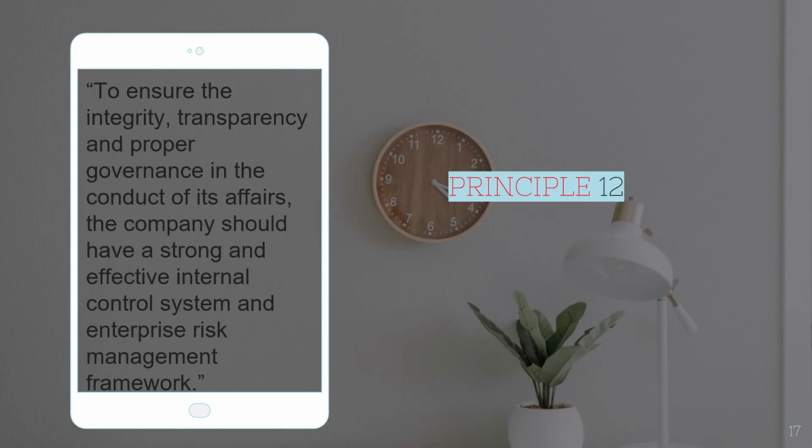Also, Principle 12 states that to ensure the integrity, transparency, and proper governance in the conduct of its affairs, the company should have a strong and effective internal control system and enterprise risk management framework, meaning it is to strengthen the internal control system as well as the enterprise risk management framework. In other words, the Securities and Exchange Commission requires corporations to maintain and observe the assessment of the risk management.